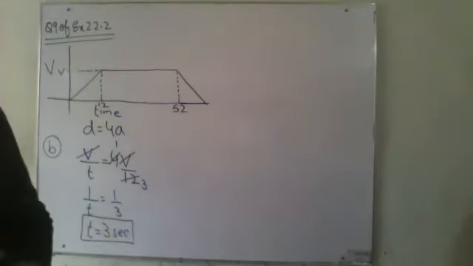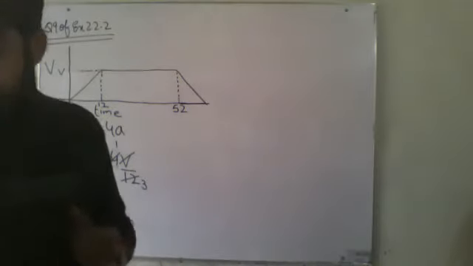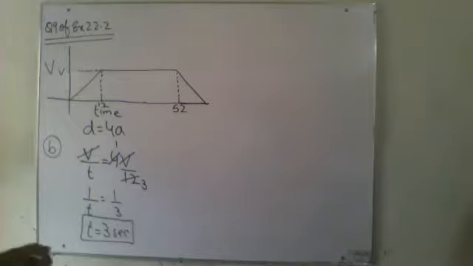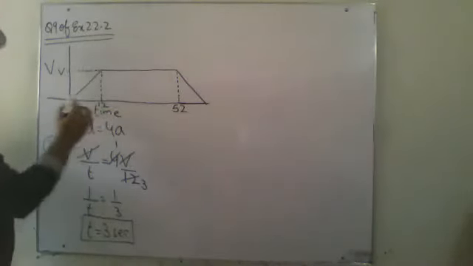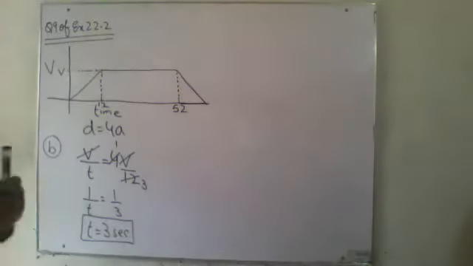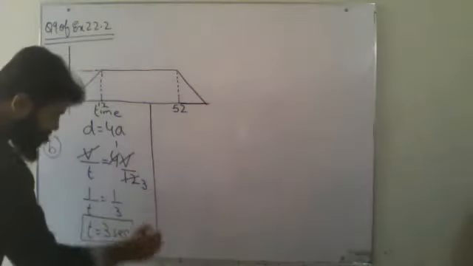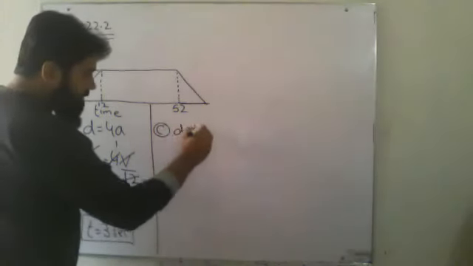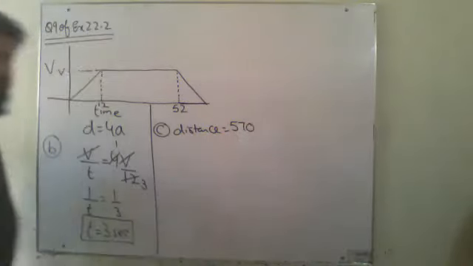Okay. Now in the second part, they are saying if given that the total distance moved is 570 meters, calculate the value of V. Now they are saying this total distance which is being covered over here is 570 meters. The C part, total distance is 570 meters.